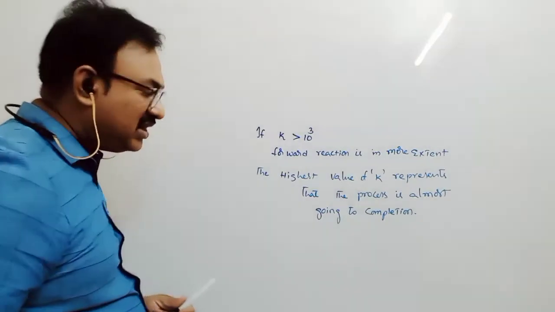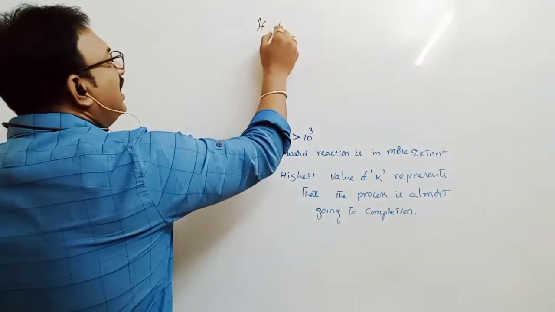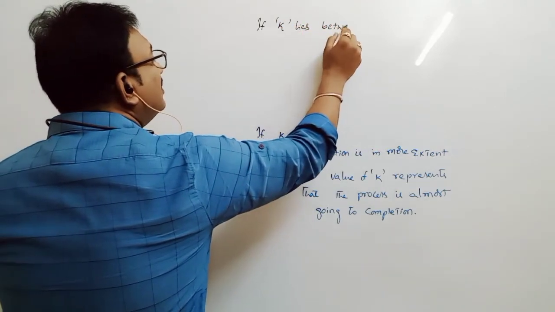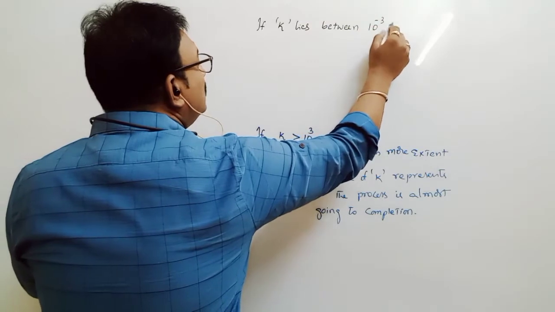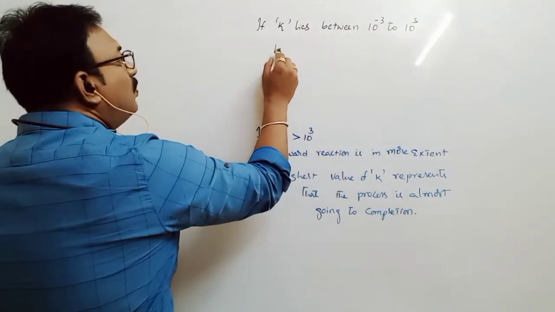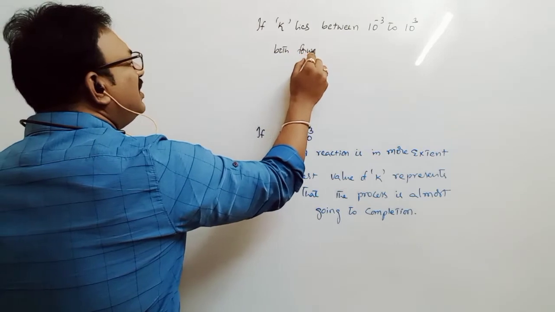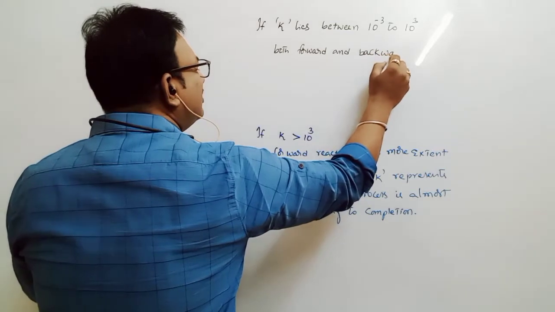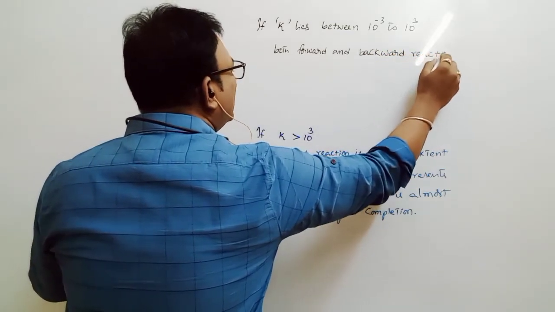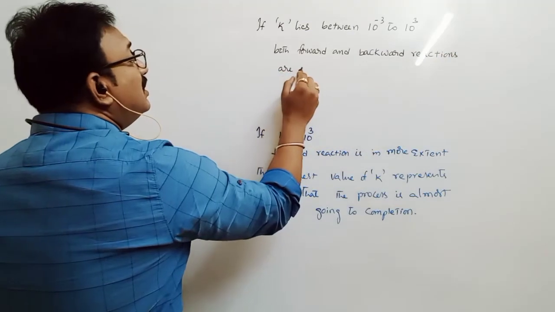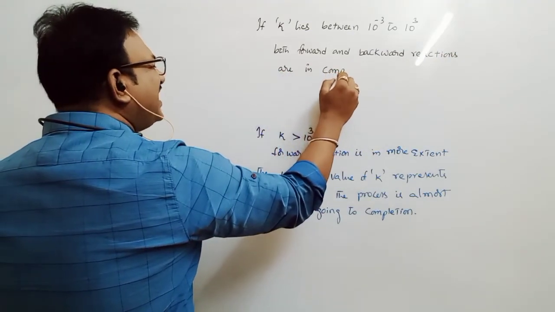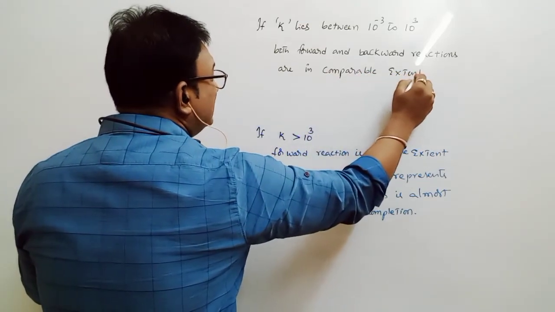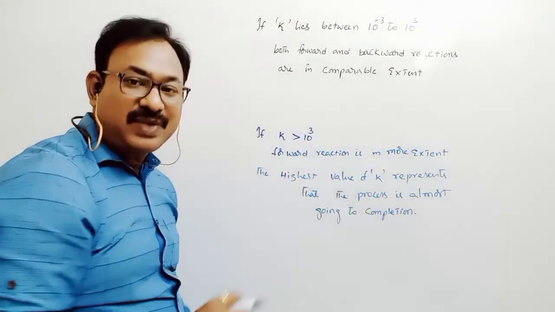Intermediate value of K मतलब है if the value of K lies between 10 power minus 3 to 10 power 3, both forward and backward reactions are in comparable extent. In comparable extent.